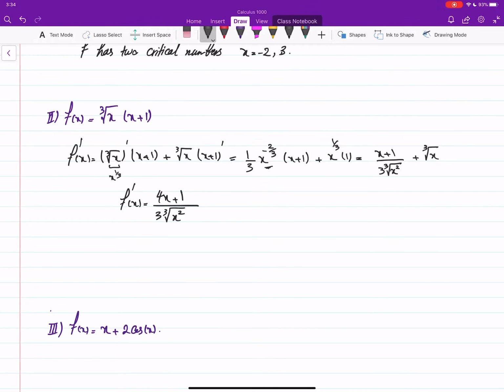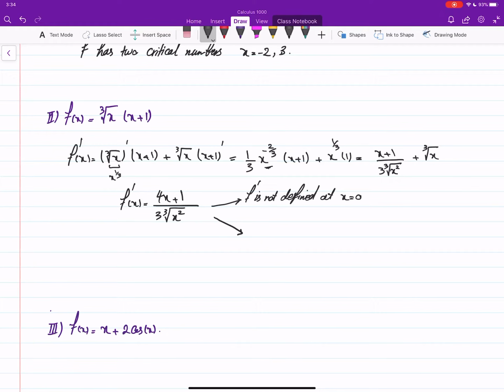There are two things that you can see here. First, f prime is not defined at x equal to 0. You see, in the denominator I cannot plug in 0.